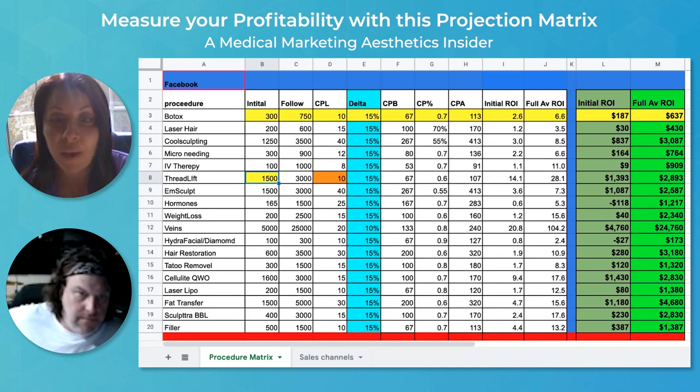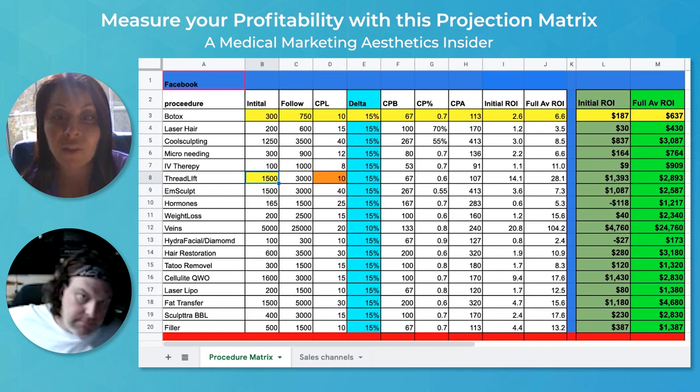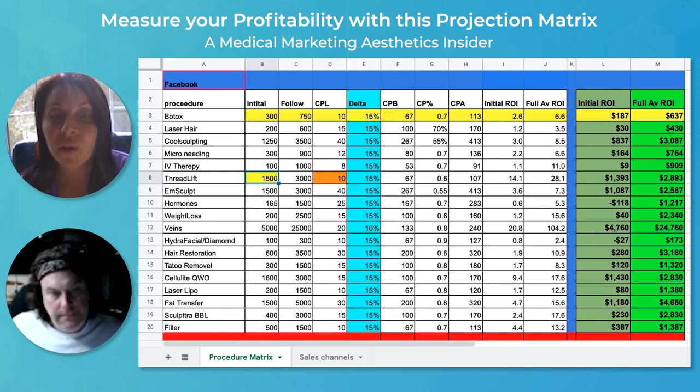And the majority of patients do tend to upsell and do more than one type of lift. These lifts can be eyebrow lifts, mid-face lifts, neck lifts. There's all kinds of creative things that people are doing now with threads. And thanks to things like Instagram, they're becoming very well known and people are really excited about threads.